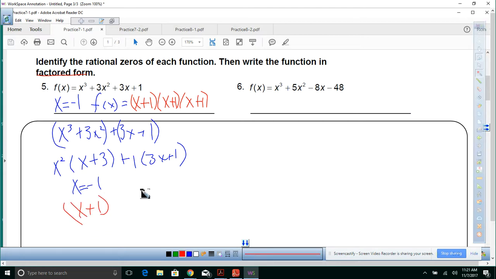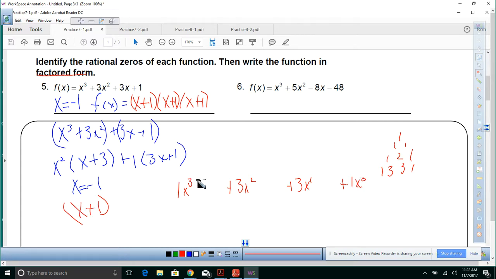Now, this looks awfully familiar. Remember that binomial theorem? You got to the 3rd place there. So you did your little tree, 1, 1, 1, 1, 2, 1, 1, 3, 3, 1. So you got 1 plus 3 plus 3 plus 1, and then you got x plus 1 here, so we got x cubed, x squared, x to the first power, and then x to the 0 power.